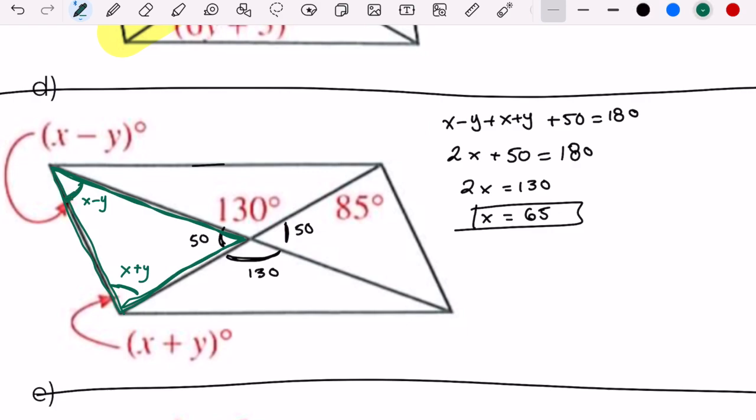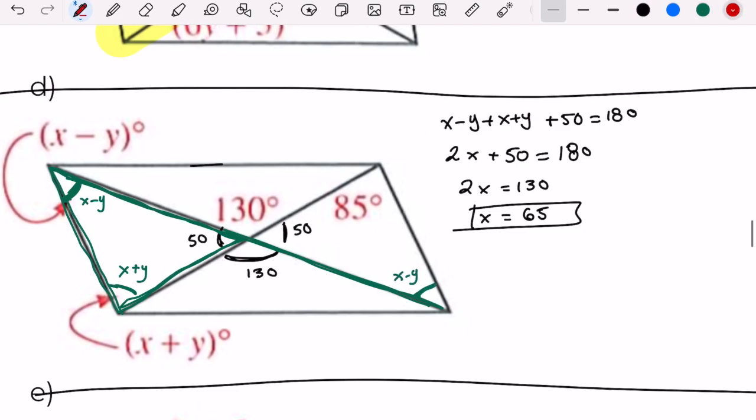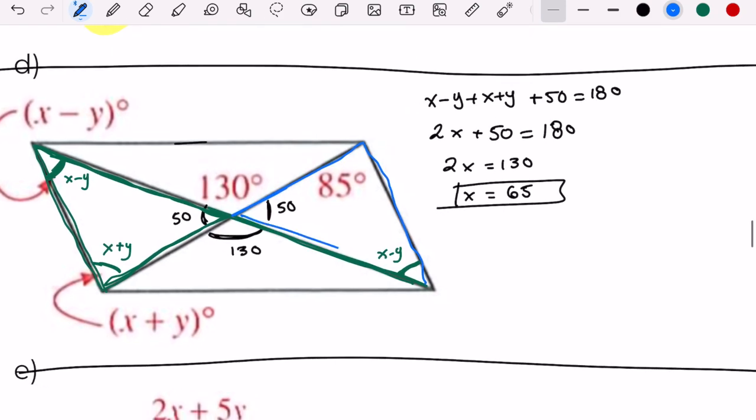And that's lovely. Okay, now please look at this. The angle x minus y is alternate interior to this one, right? This is x minus y. And now I want you to look at this triangle.